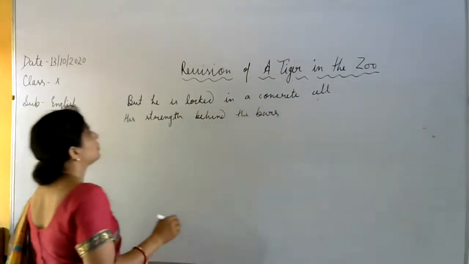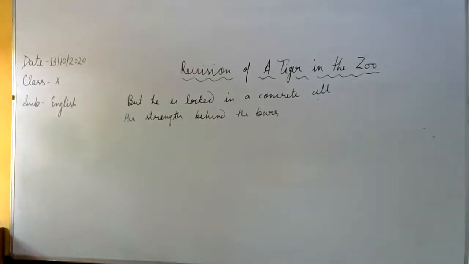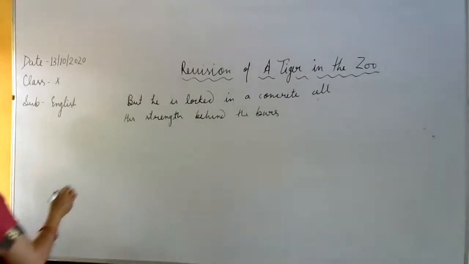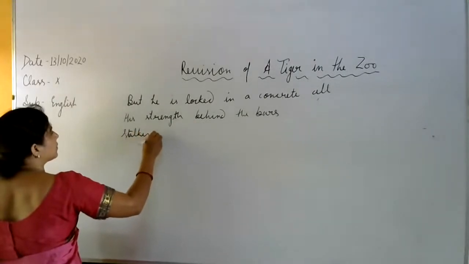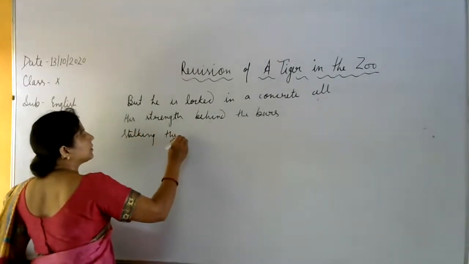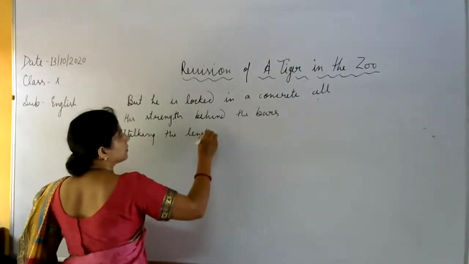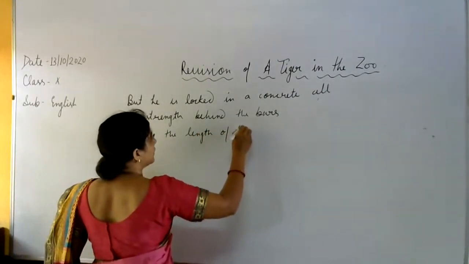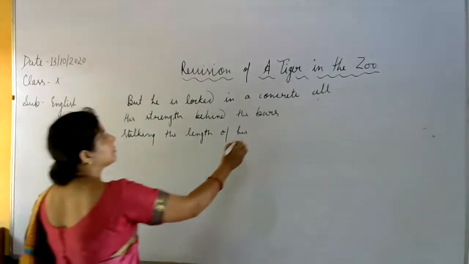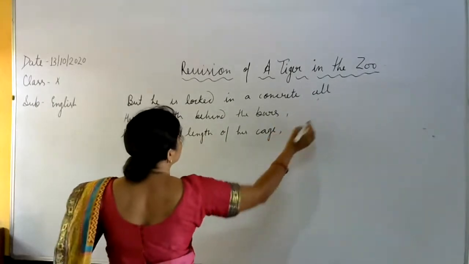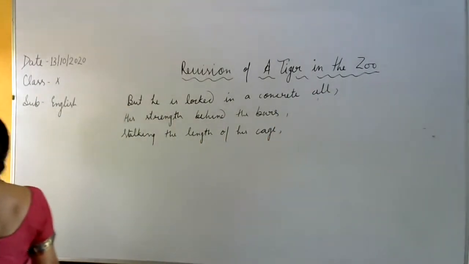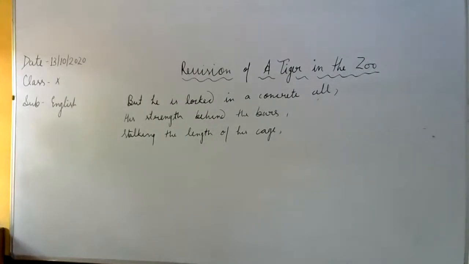Bars means maybe a door or cage. Stalking the length of his cage, ignoring visitors.